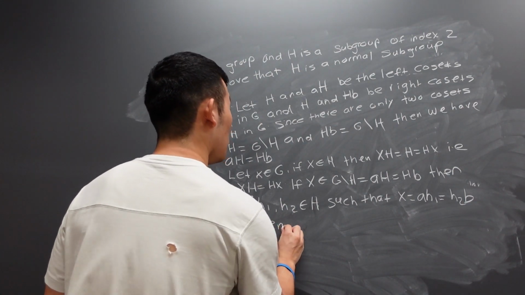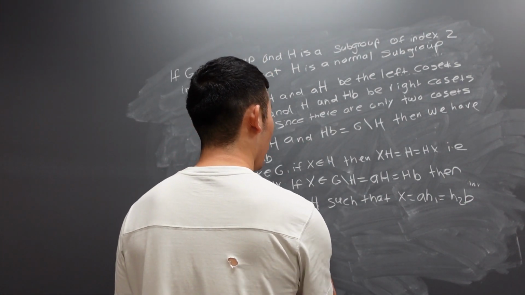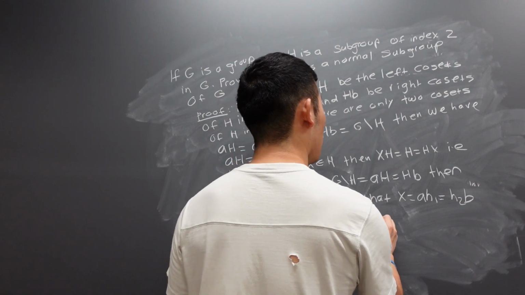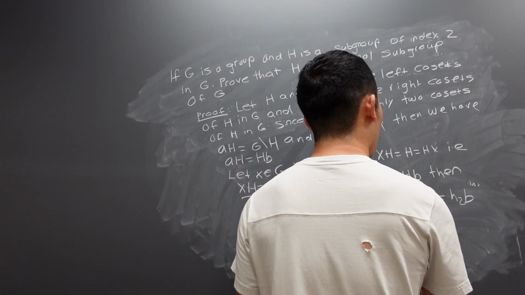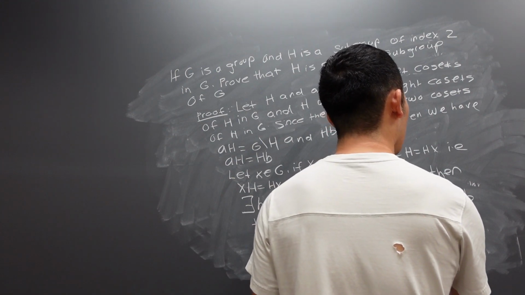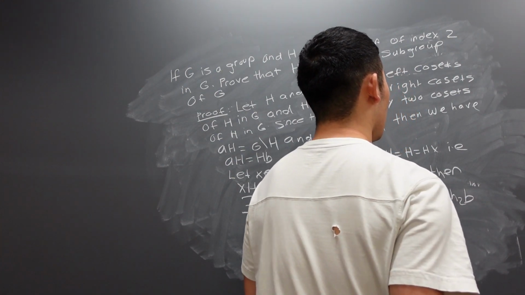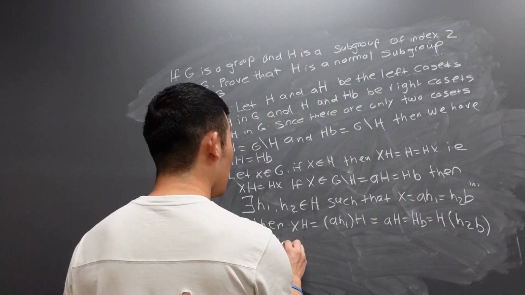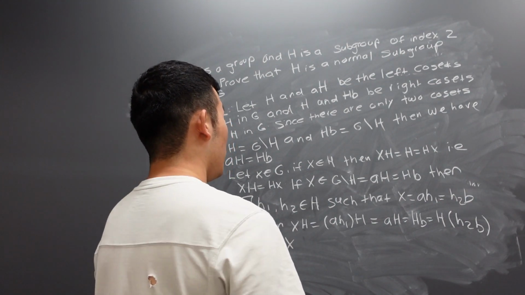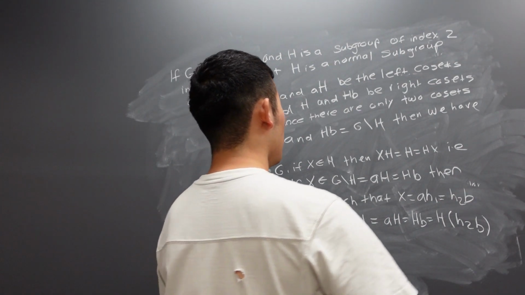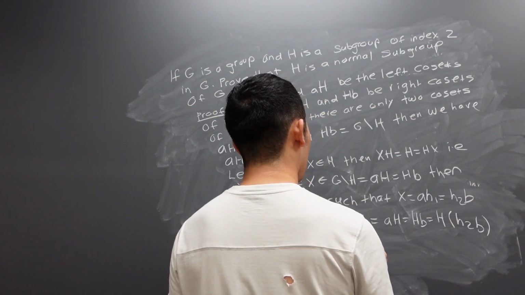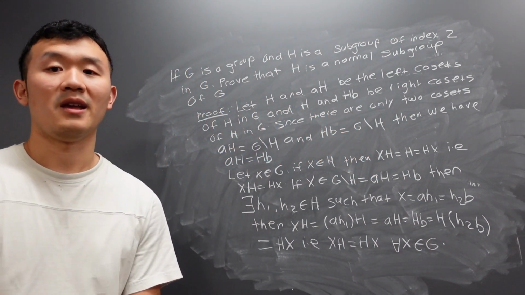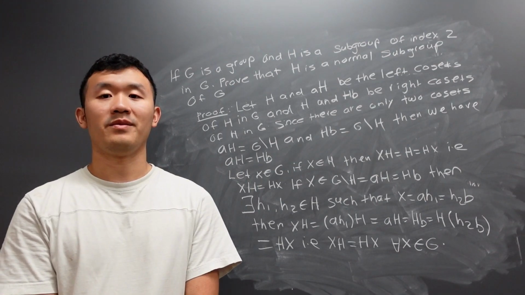Then xH is equal to ah1H is equal to aH is equal to Hb is equal to h2b, which is equal to Hx. That is, xH is equal to Hx for all x inside G. This is an example of an abstract algebra problem that I learned.